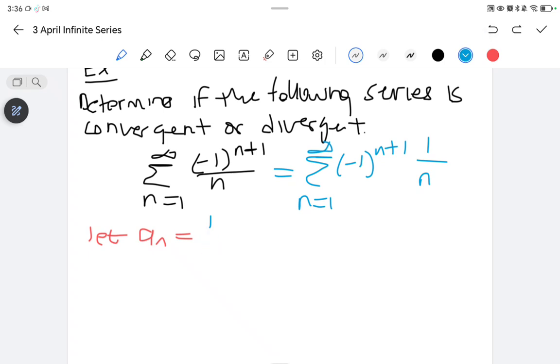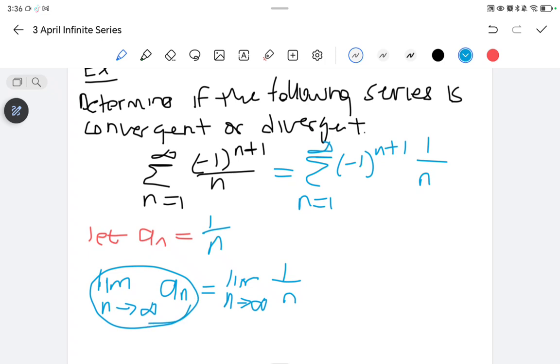We let a_n be 1 over n. And now we need to find the limit first. The simplest thing to do is to find the limit, right? That is 3 marks. Then we can check if it's decreasing after. So we check the limit of a_n, which is equal to the limit as n approaches infinity of 1 over n. You see, I start by writing this first. Please do so also.